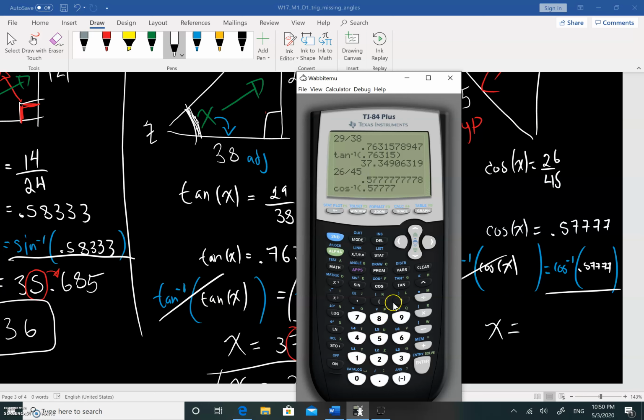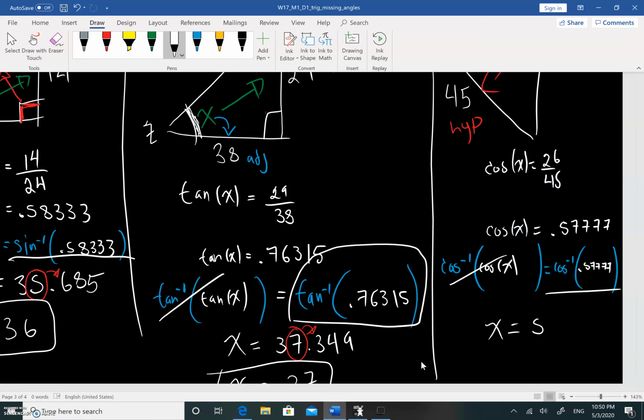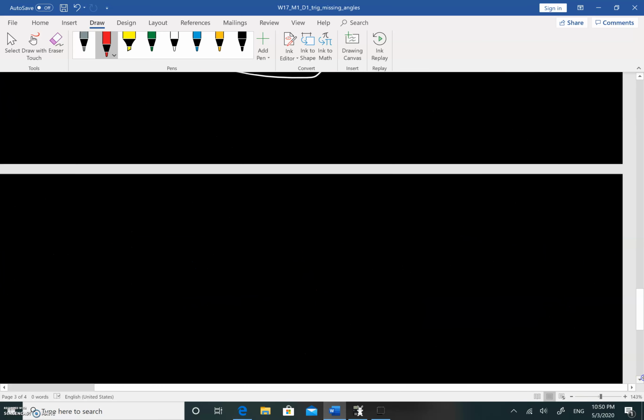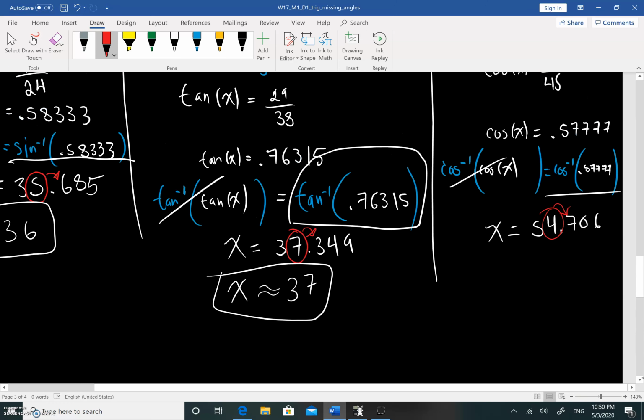There's going to be 5 of them. 54.706. So is that my answer? No, we want it as nearest degree. So look at my 4. Look at the 7. So the 7 is 5 or greater. So that means that my answer is going to be 55.